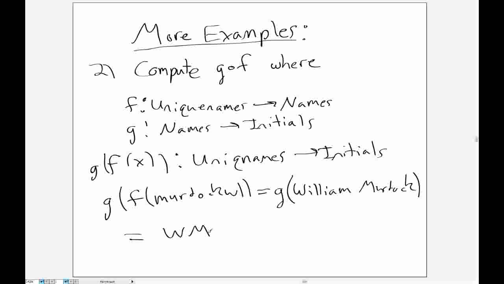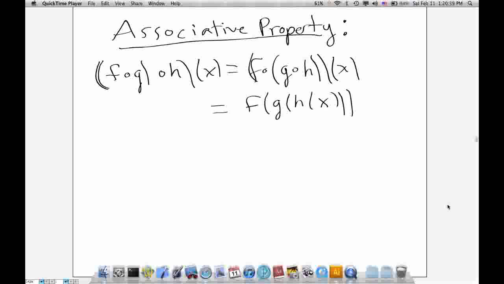So then you can see the function g of f of x takes a unique name and maps it to someone's initials.